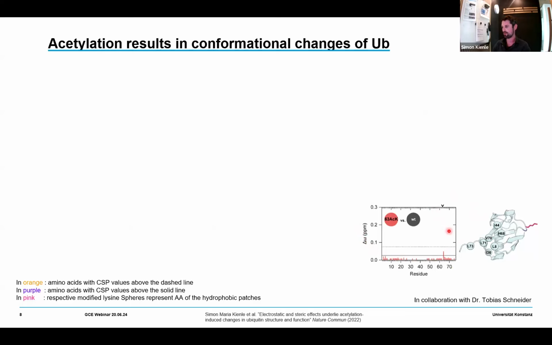What you need to know to read this chemical perturbation map is actually just that the higher the bars are, the stronger is the structural rearrangement of these amino acids at that specific site within this acetylated ubiquitin variant. This is ubiquitin acetylated at position 63.